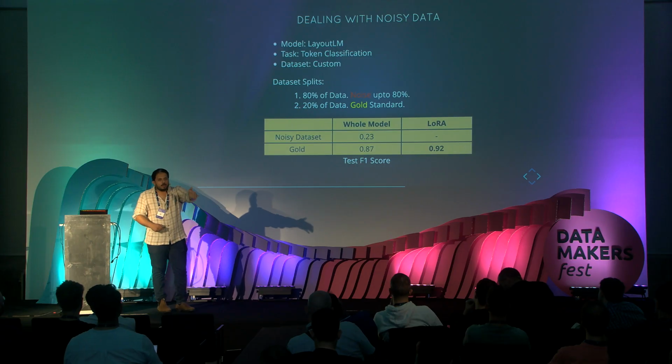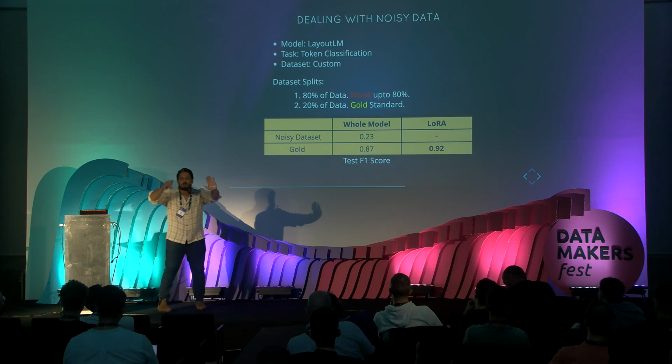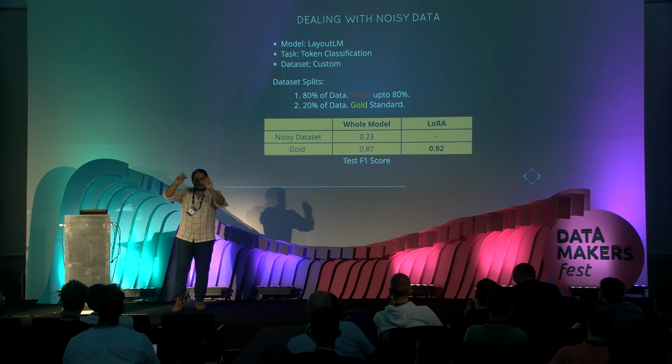But then I take LoRA, and I have my base model fine-tuned on the noisy data, and I have my LoRA adapter fine-tuned on this small amount of gold standard data. And somehow it outperforms fine-tuning the whole model. Pretty remarkable. Why is that happening? I think it's because it has a lesser number of weights, so it cannot overfit, and it has to capture the most, for lack of a better word, the eigenvectors of my data set.